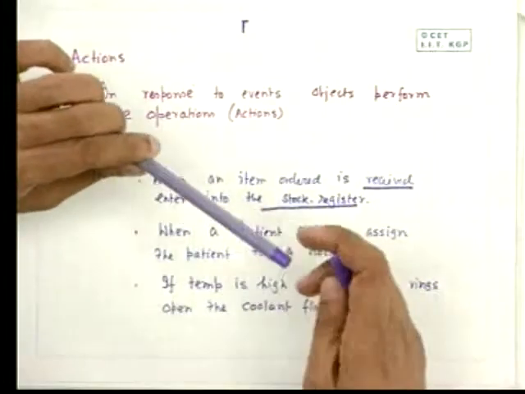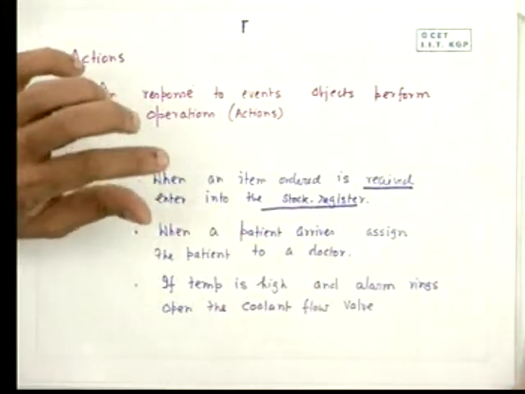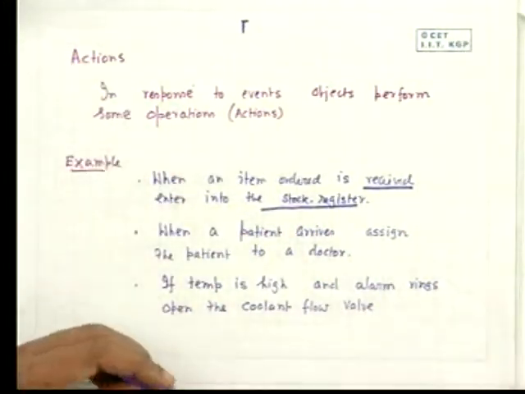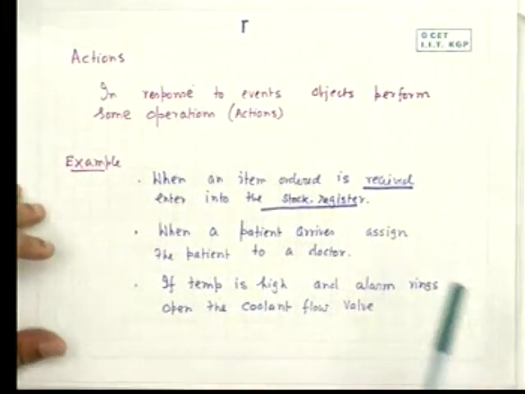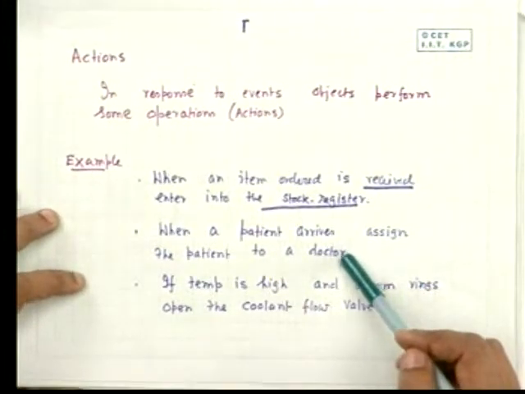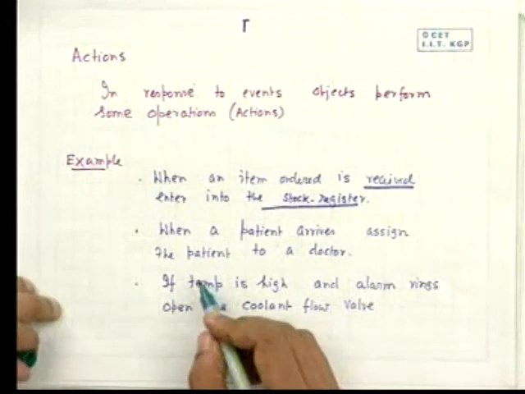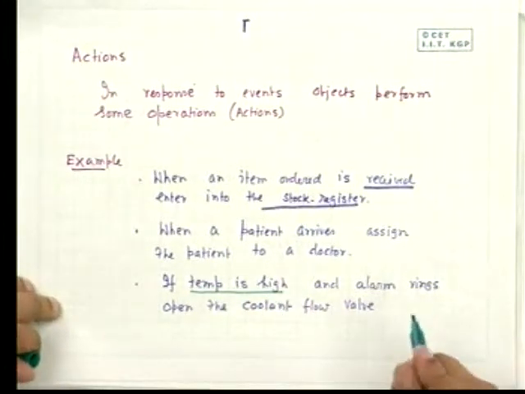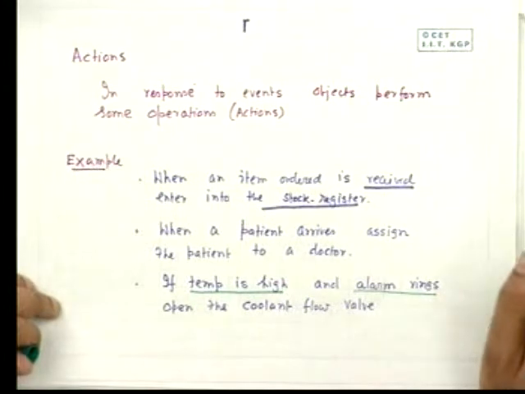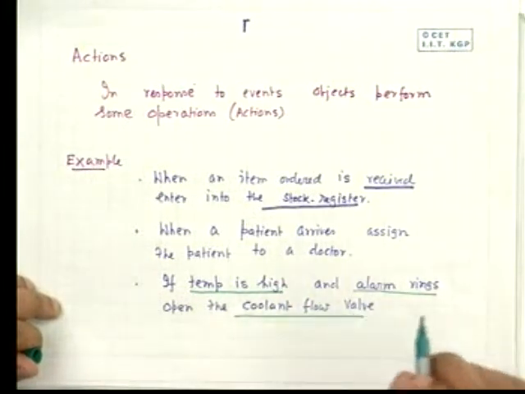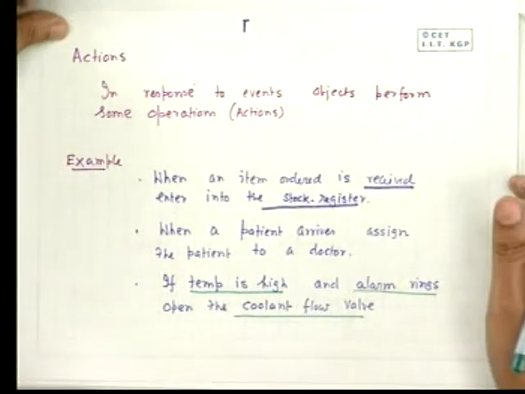Similarly, when a patient arrives in a hospital, the patient is assigned to a doctor, or the patient is admitted to a ward. Again, say the condition is that the temperature is high, and an alarm bell ringing is the event, then open the coolant flow valve. This is another action that has to be performed.